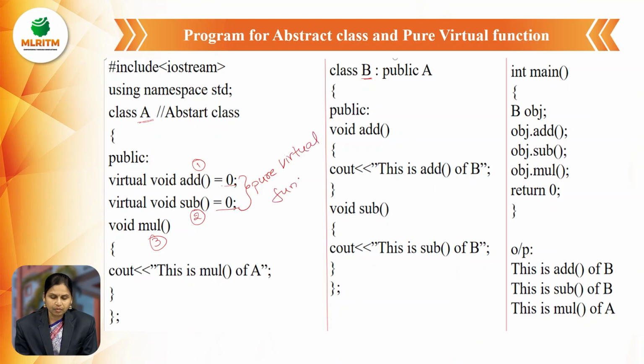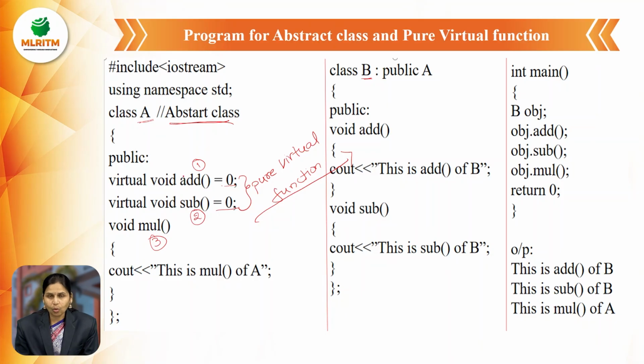When the class contains at least one pure virtual function, it is called an abstract class. The pure virtual functions cannot be implemented in that class. Add and sub are defined in the child class.